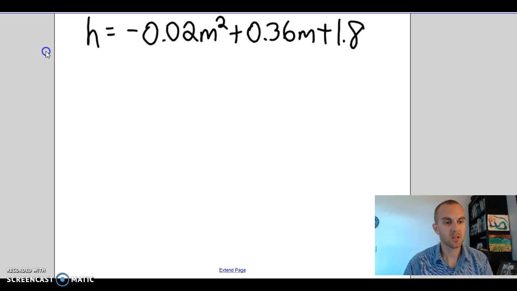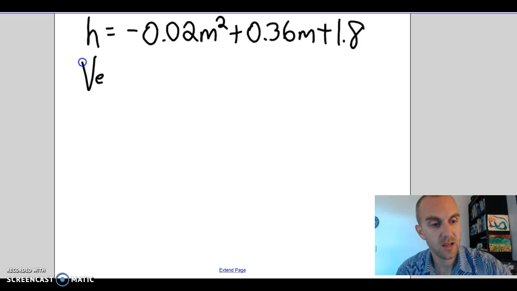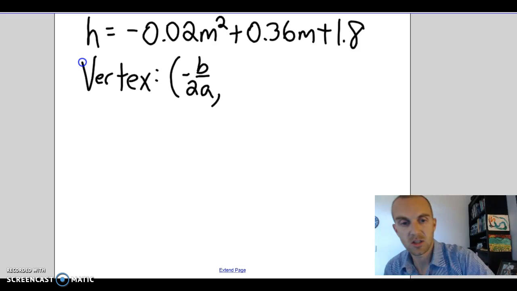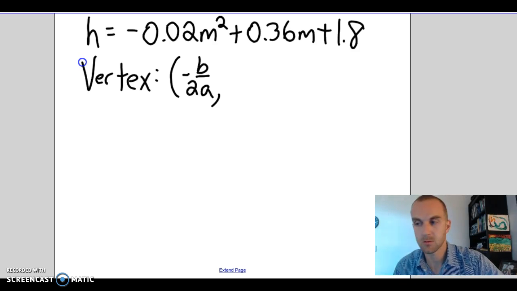So then the next question asks, what's the maximum height? Will it ever reach 5 meters tall? If we think about how we could figure out the height of this when it's in general form, we could convert this over to vertex form, or we could remember that the vertex from general form can be found by doing negative b over 2a, and this comes from deriving the vertex form from general form.